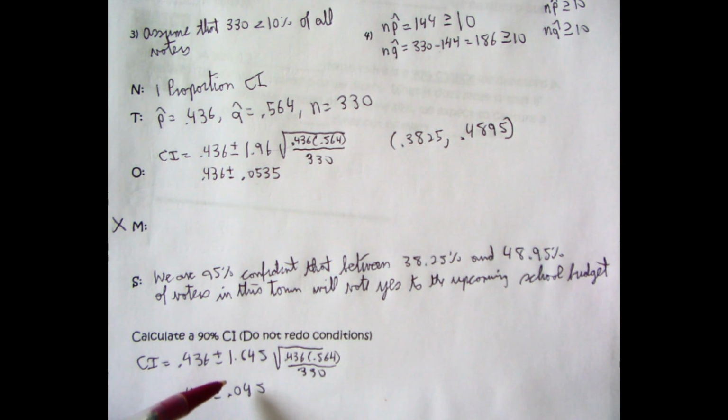But when we try to be more precise, we try to narrow down where P is, okay, then we wind up losing confidence. Now I can be 100% confident, though it'd be useless. If I'm dealing with a proportion, I can be 100% confident that the proportion of voters who are going to vote yes in the upcoming election is between 0 and 100%. But that's useless for us. Okay, so we're never going to be 100% confident.